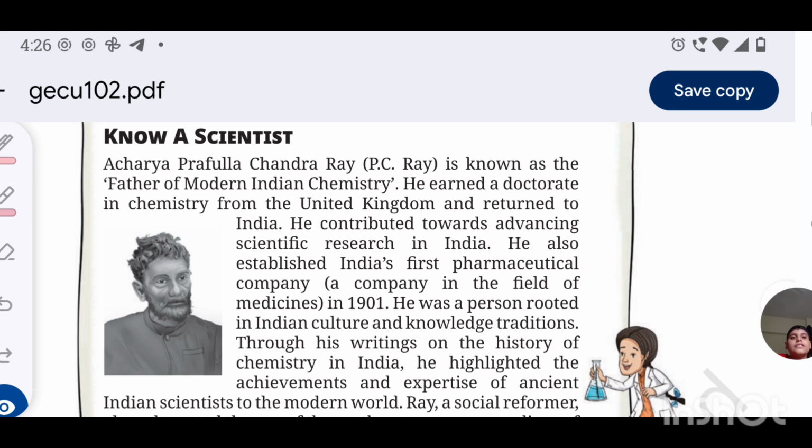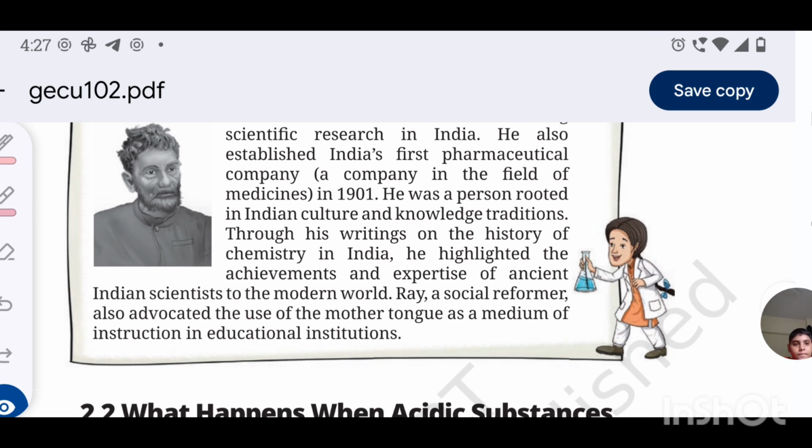He also established India's first pharmaceutical company, a company in the field of medicines, in 1901. He was a person rooted in Indian culture and knowledge tradition. Through his writings on the history of chemistry in India, he highlighted the achievements and expertise of ancient Indian scientists to the modern world.